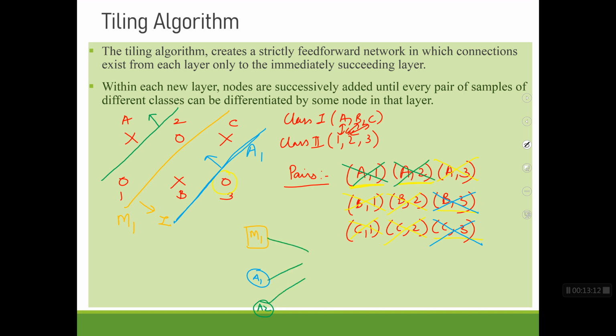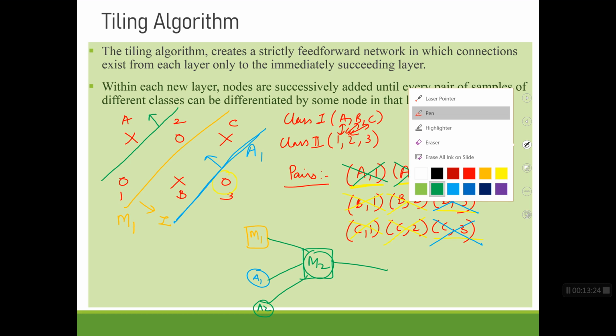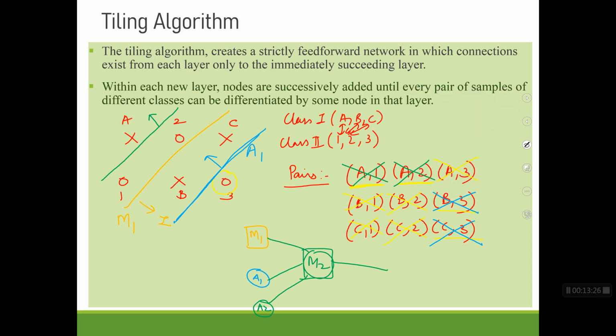And finally I connect this to a master node M2, and then I will get the network. Now why this master node M2 is required is to ensure that, see here, in this pattern there are how many clusters of class 1? There are 2. This is one pattern, this is the second pattern which I have circled.